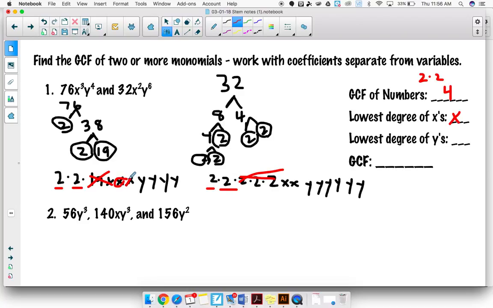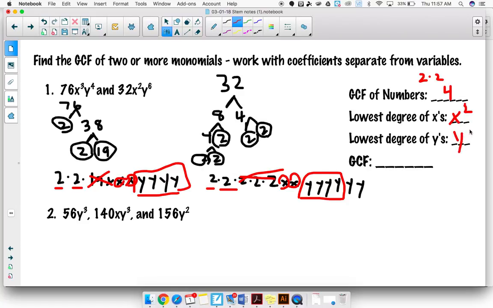All right, now the x's, if you look at this, we can get an x here and an x here. And then on the other side, there's also x times x, so that's going to be x squared. All right, and then with the y's, we got 4 of them here that align with 4 of them here. And so those 4 are what we have in common.